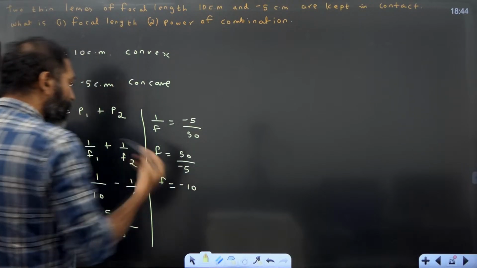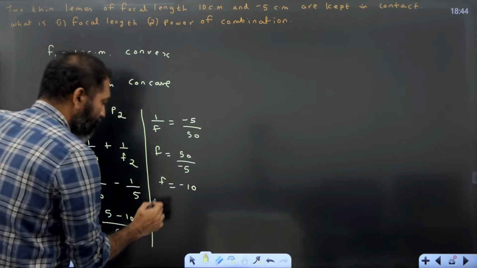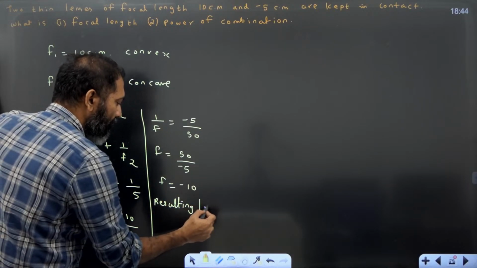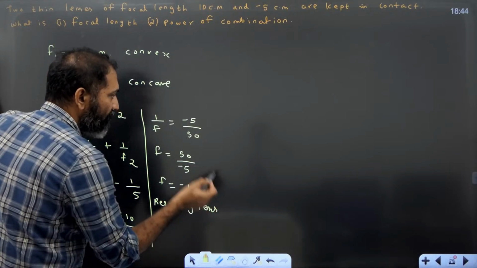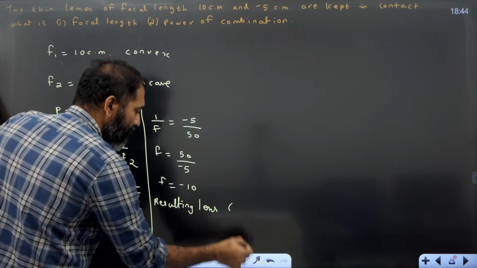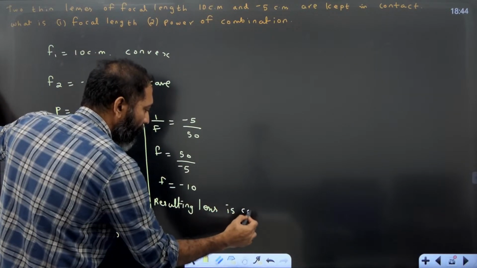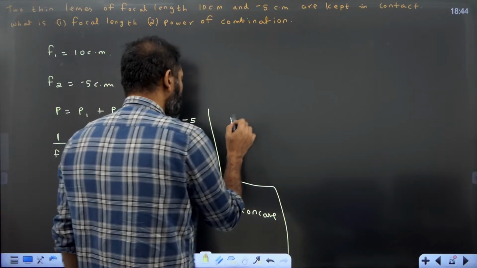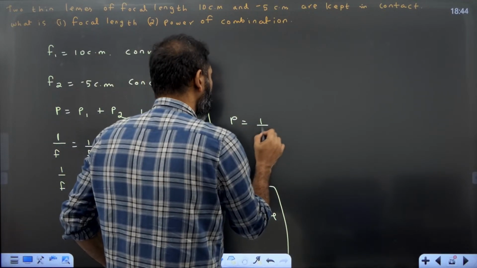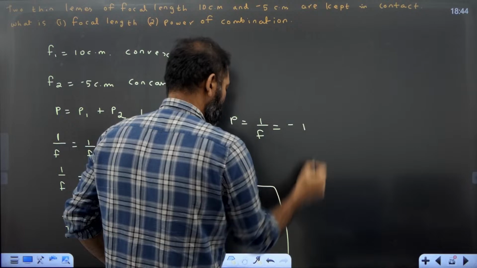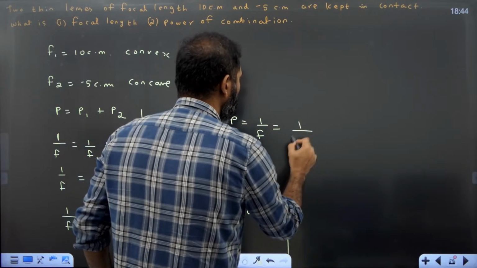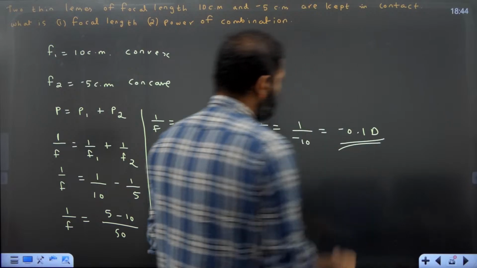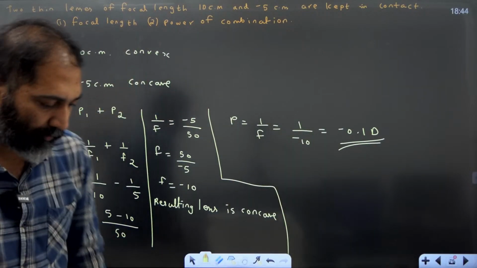The resulting lens has a negative focal length, so the lens is concave. The resulting power is 1 by f, that is 1 by minus 10, so minus 0.1 diopter.